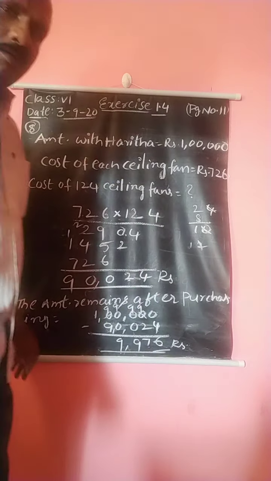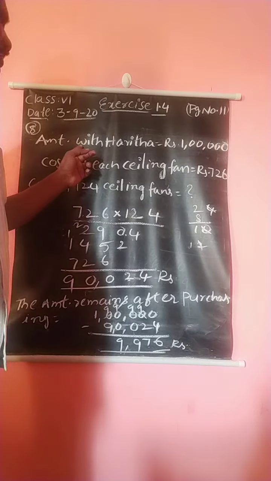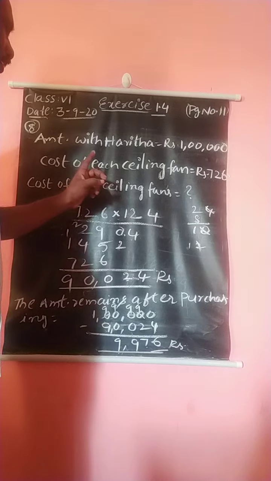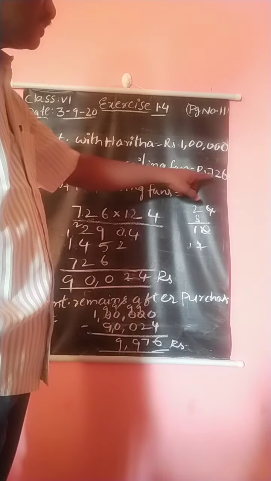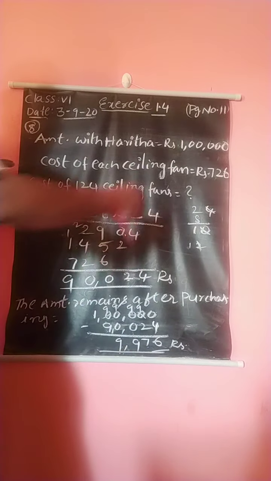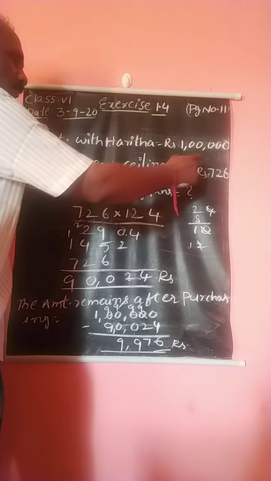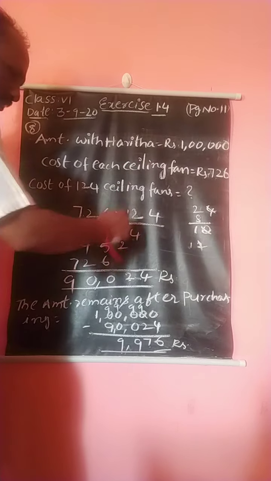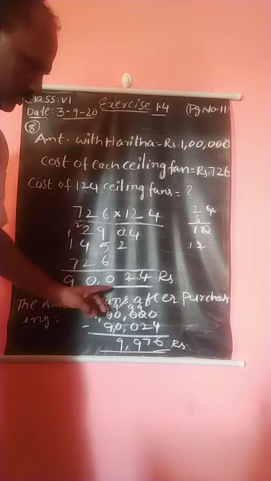See children, the problem is, the initial amount with Harita is 1 lakh. She is buying 124 ceiling fans. The cost of each ceiling fan is 726 rupees. So the cost of 124 ceiling fans is 124 into 726, which is 90,024 rupees.